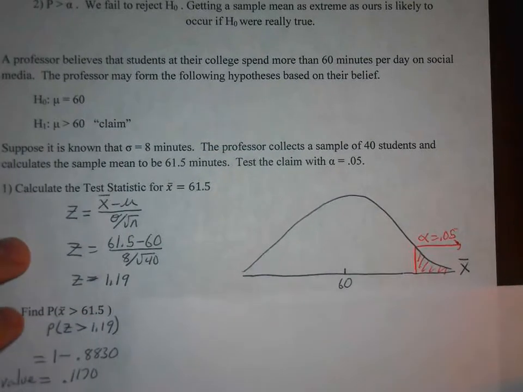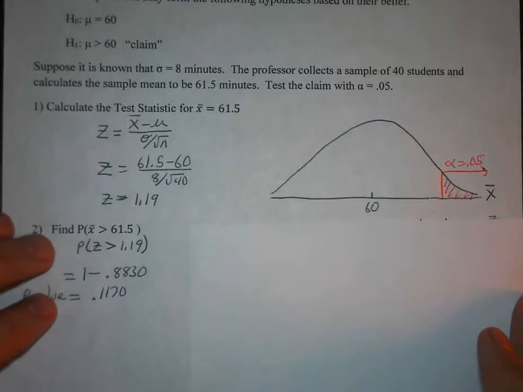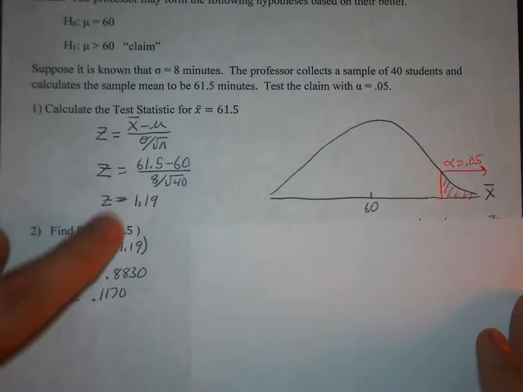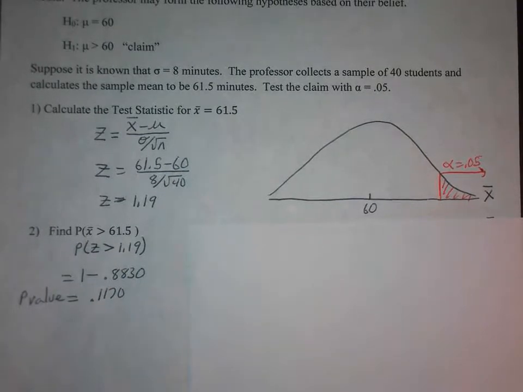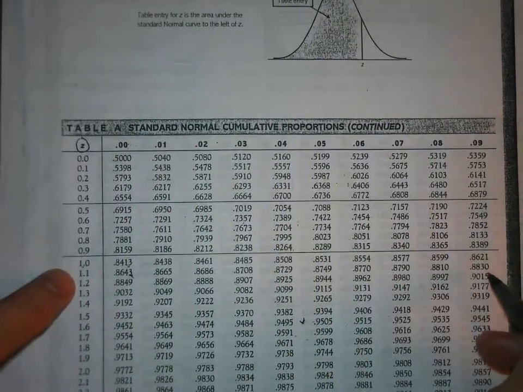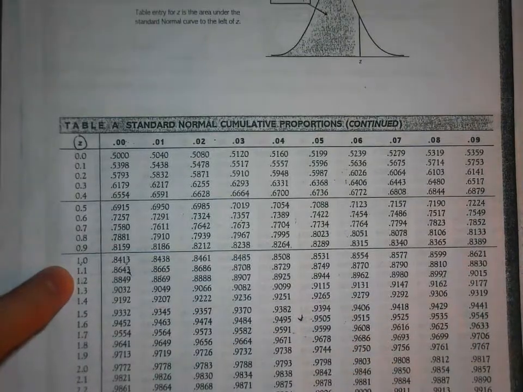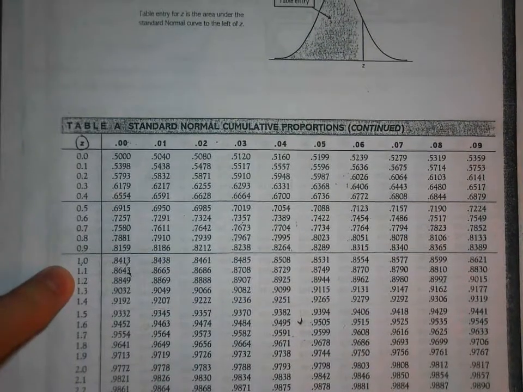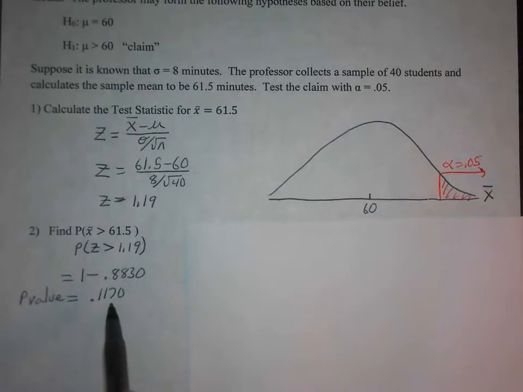When we do that, we converted 61.5 into a z-score of 1.19, and then you go to your z-table, and when you look up 1.19, you get 0.8830. Well, that's the area to the left. So you have to subtract that from 1, and you get 0.1170.